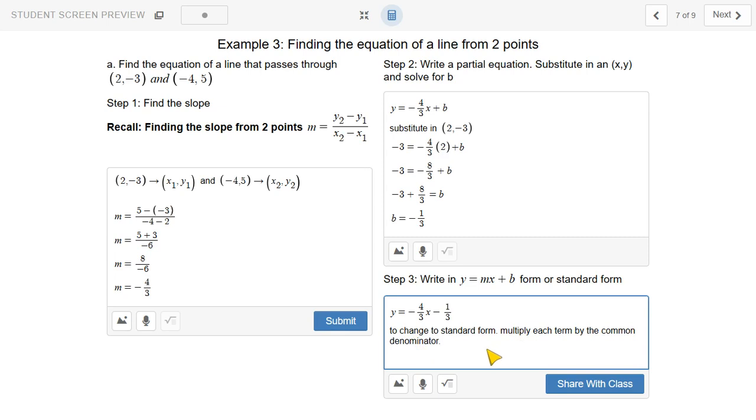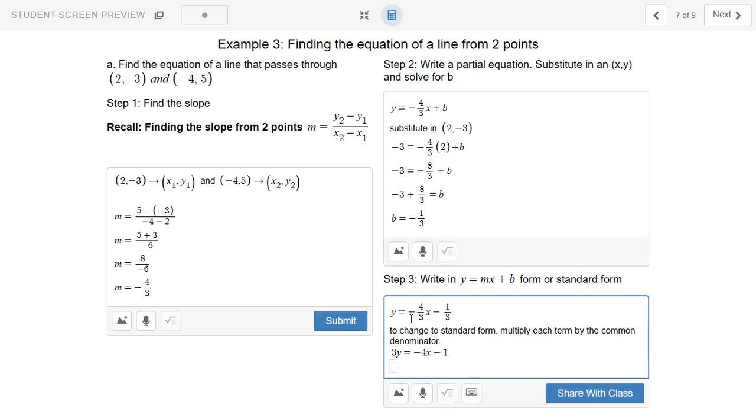We're going to multiply each term by the common denominator, similar to what we did when we were in algebra, so that we can get rid of the fractions. I'm going to multiply 3 to each term. So I have 3y is equal to negative 4x minus 1. Let's rearrange it. 4x plus 3y plus 1 is equal to 0. And we have it in standard form.